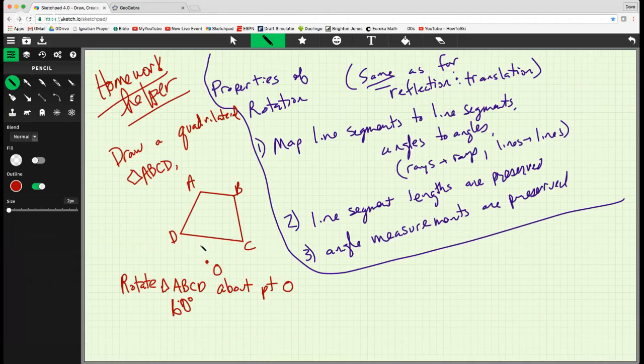And remember, 60 degrees is going to be in this direction. Right? 60 degrees implies, because it's positive, it's going to be counterclockwise. And use tracing paper. Use the tracing paper method. Okay, so now you pause and try.